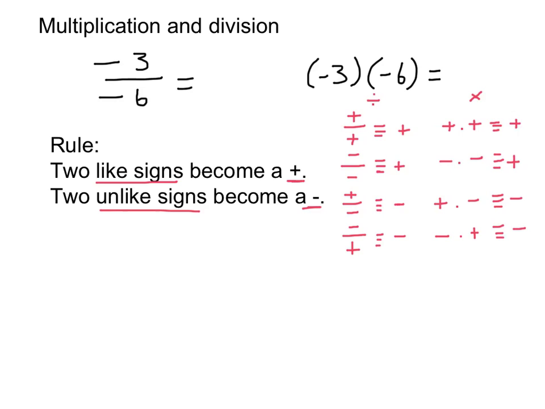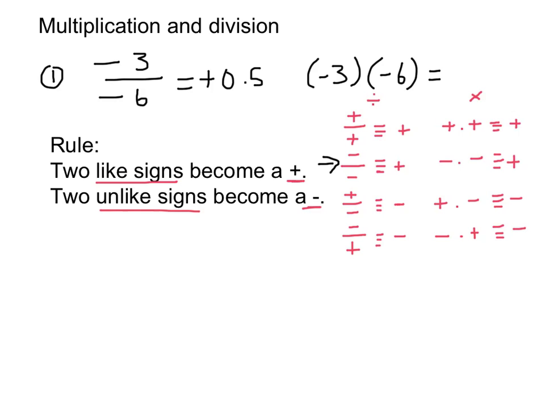So if I return to the two questions up above, in the first one I have minus 3 divided by minus 6. Here I go to my rule that if I have a negative number and a negative number, overall the answer will be positive, so I'm going to put a plus there. And if I divide 6 into 3, I will get 0.5.